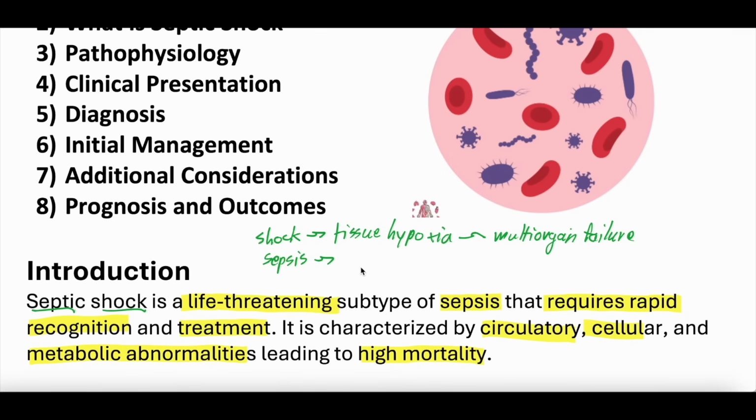And we know sepsis is when you get an infection and it leads to a deranged immune response. And that deranged immune response, although it is intended to help you, actually can cause organ injury. So septic shock is where you have sepsis and it causes shock. And yes, it's life-threatening.